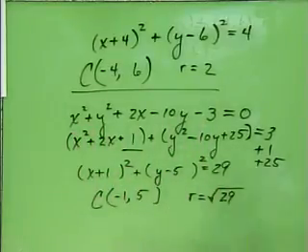Let's take another circle problem. This time I'm going to draw a circle, and I want you to tell me what its equation is. So let's use a graphic that I've already made up. Here's an underlying sheet for it.